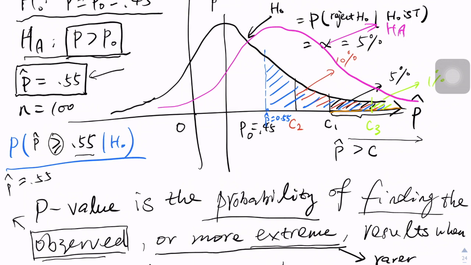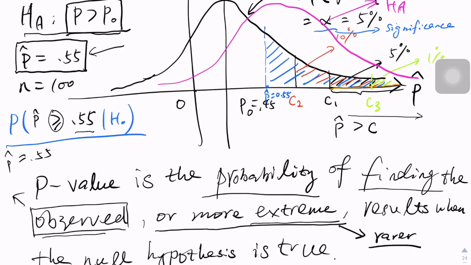In general, we say alpha is called the significance level of a test. Then you compare this blue area to this red area or black area or green area. It really depends on what kind of significance level you want to have.